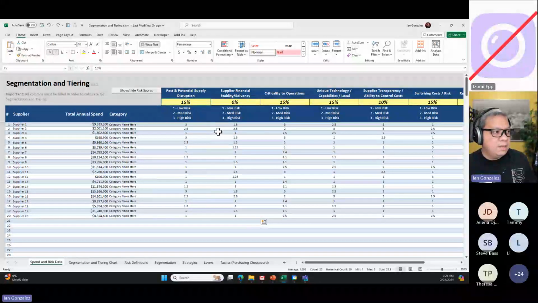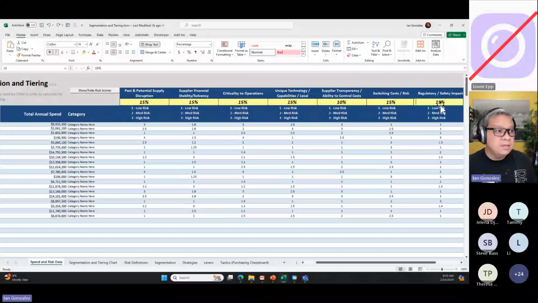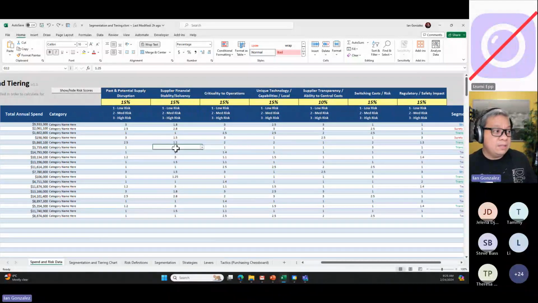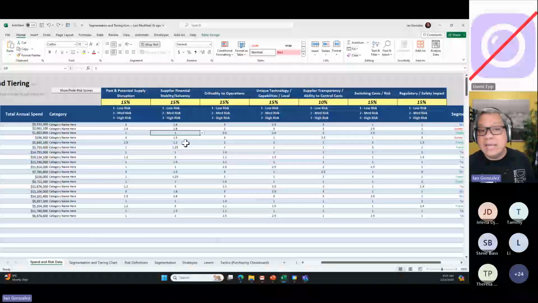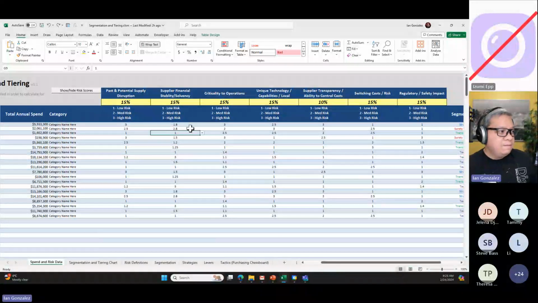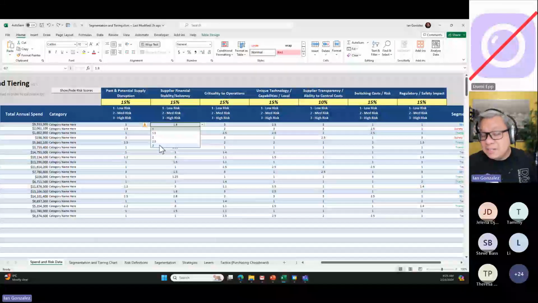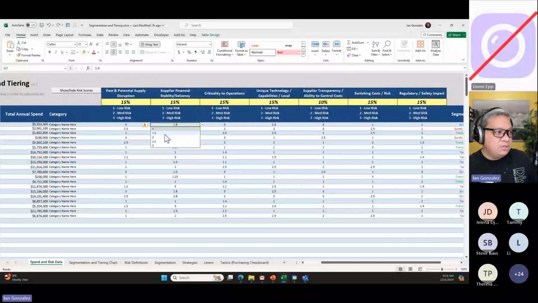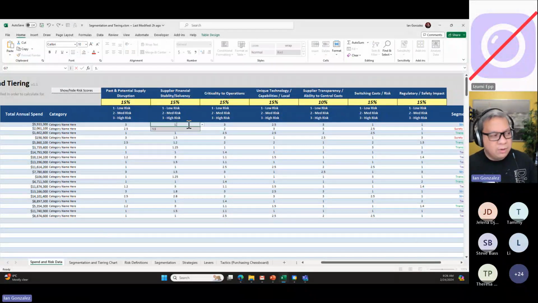But if anything has a weighting, and by default I just put 15, 15, 15, and then over here I have a 10% on supplier transparency, make sure everything has a weighting. I made it simple. It's just a ranking of 1 to 3, but decimals are allowed. So let's say the drop-down of 1, 1.5, 2, 2.5, 3 is not granular enough for you. You choose, let's say, 1.5, and then you can modify it to, let's say, 1.55.